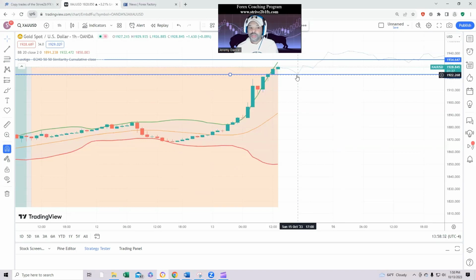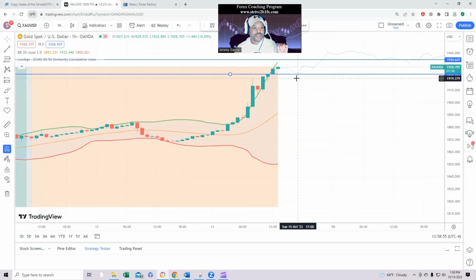So in this case, I could set some limit orders around 1924 and make sure I have a stop loss set around 1920 just to cover the difference in commissions and spreads. So that's one way that you can use this very well.